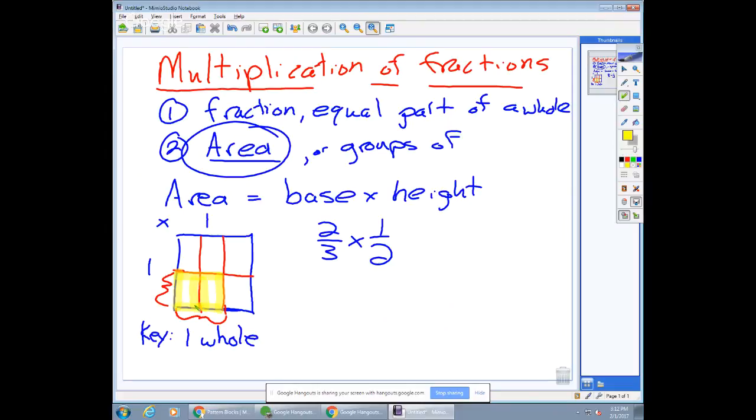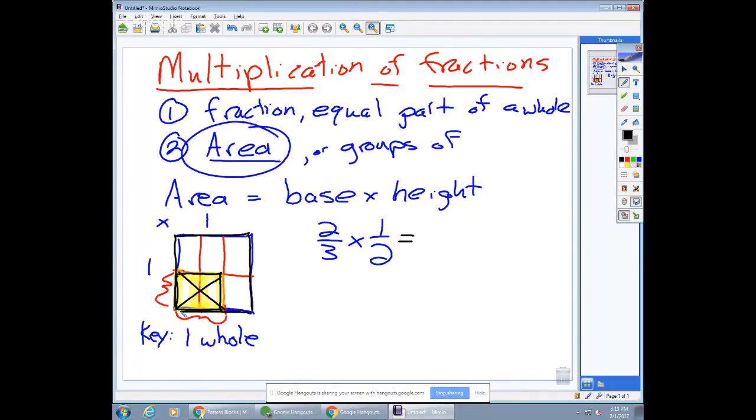So now I have to figure out what the answer is. And remember, a fraction is equal parts of a whole, right? So I have to figure out, in this case, this figure right here is what part of the whole, if a whole is this 1 by 1 figure.